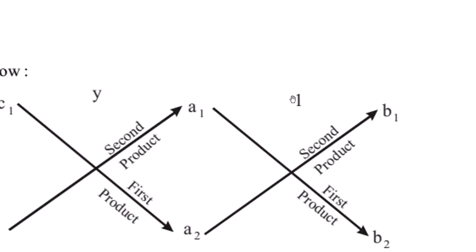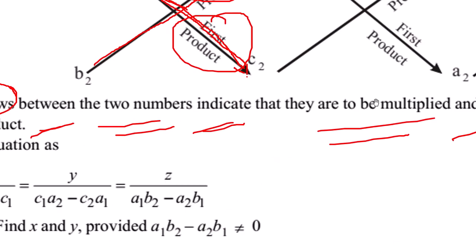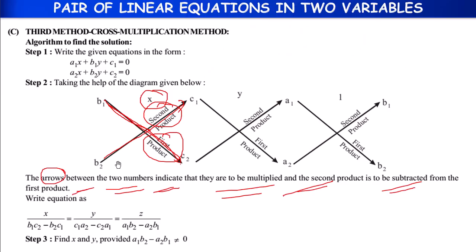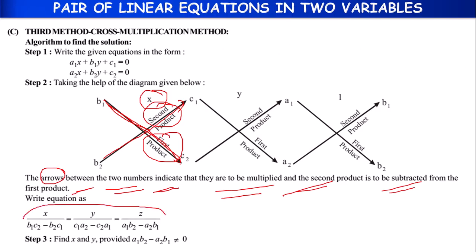Here, children, we can take z here. Then z by a1 b2 minus a2 b1. So this is the equation. This is the relation between the variables and coefficients in the cross multiplication method.